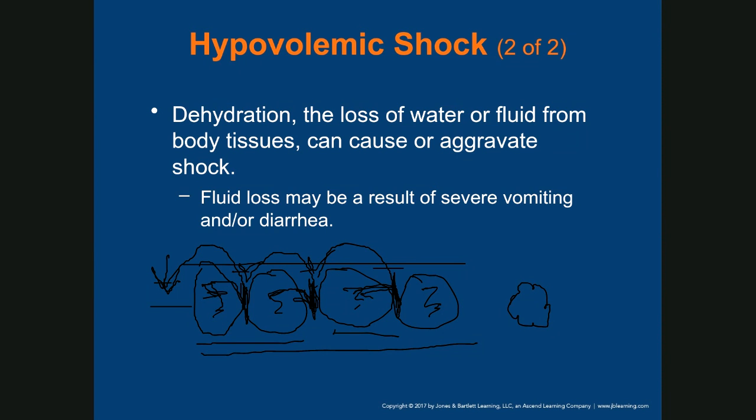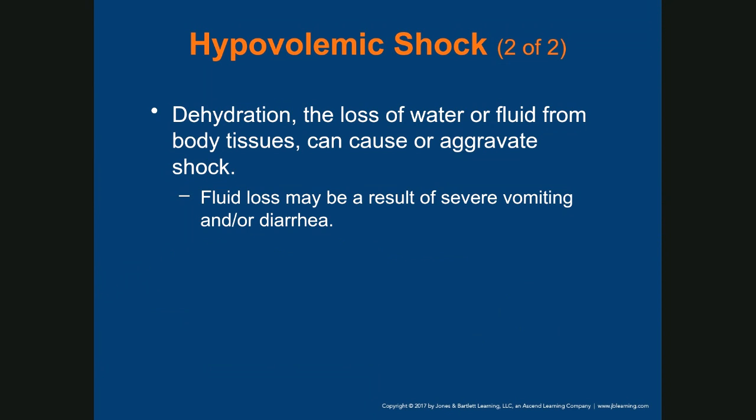And as that fluid in the interstitial space, or between the cells, is depleted, then fluid will now shift out of the cell and fill the spaces between the cells. And the majority of the fluid inside of the body is inside of the cell. And once the fluid inside of the cell is depleted, it shrinks in size. That is dehydration. That's how we get dehydration from hypovolemic shock, right?